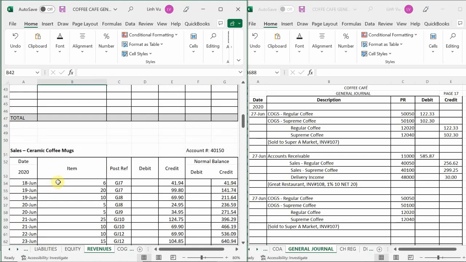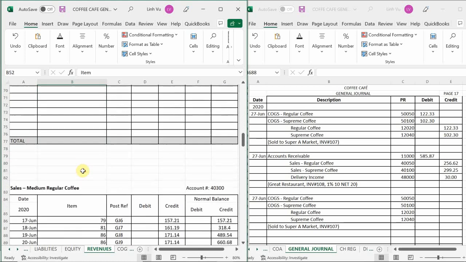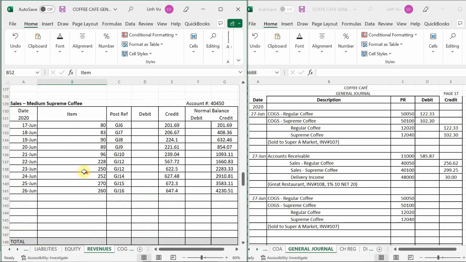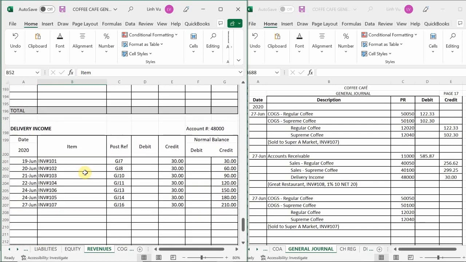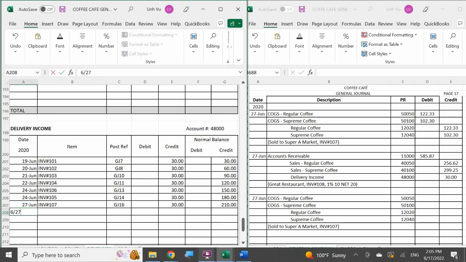And then we go to the bottom for the delivery income. It's on the 27th also for invoice 108.